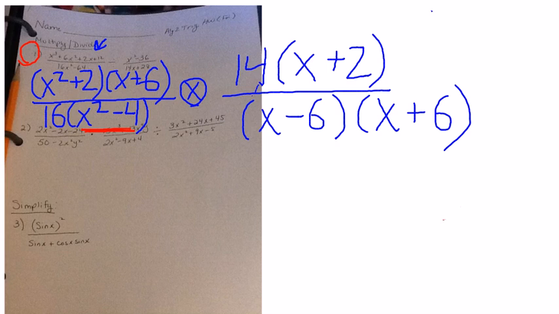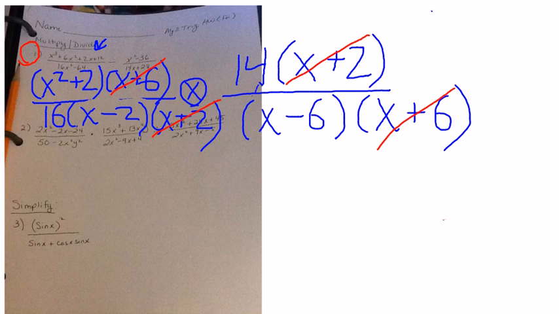So let me just erase that. x minus 2, x plus 2. Okay, so does anything cancel out? Well, we got x plus 2, x plus 2. We got x plus 6, x plus 6.